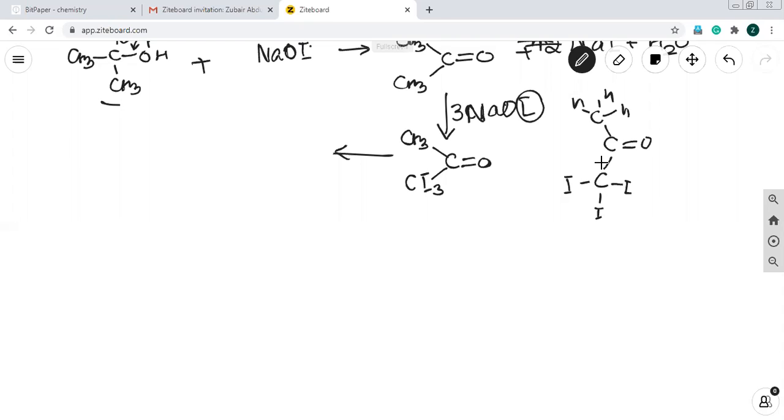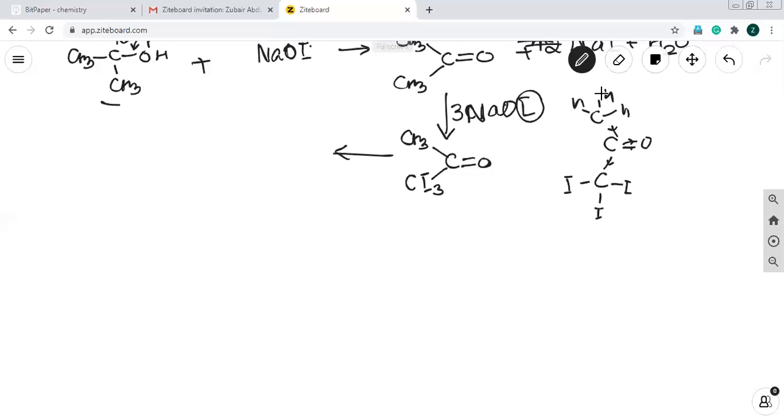Once these are replaced, this will drag the electrons here, and these will drag the electrons onto this side, and therefore these electrons are dragged more here. And replacement of this, that is, it is getting replaced by heterolytic bond fission.